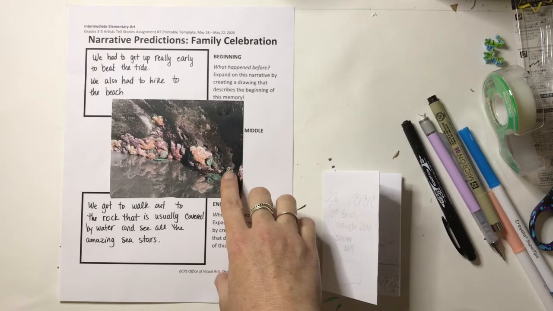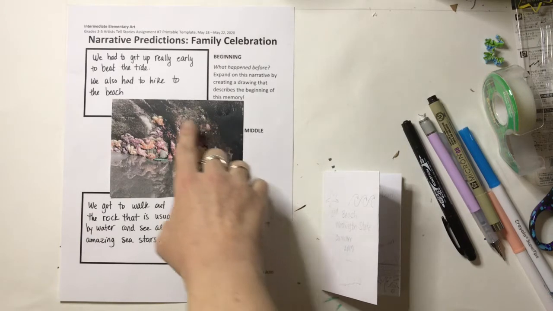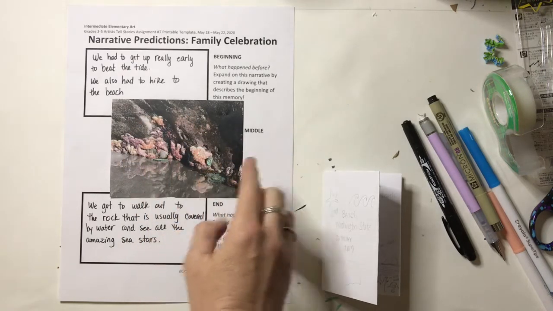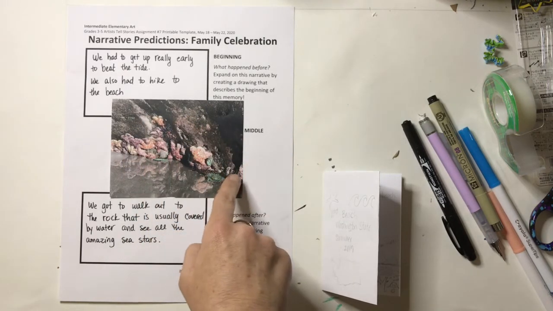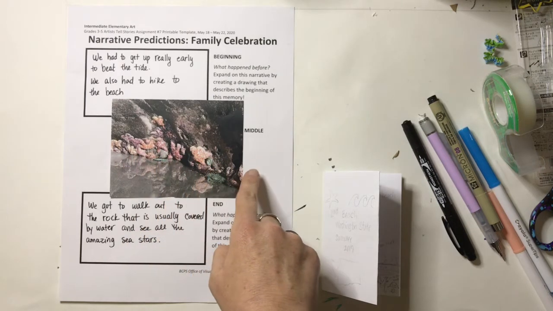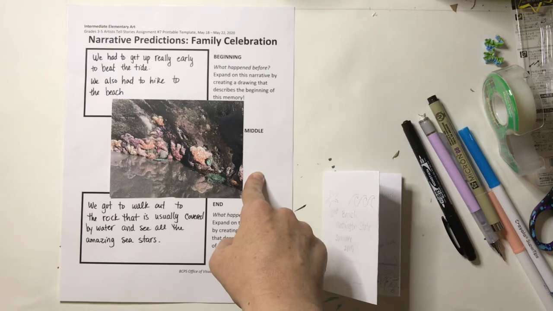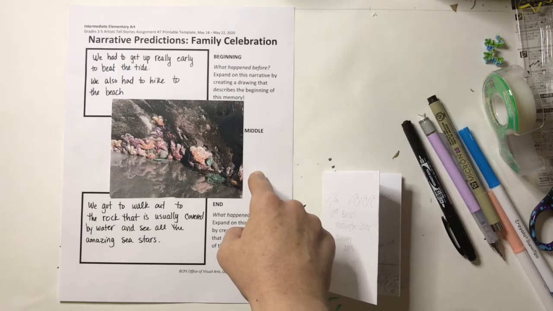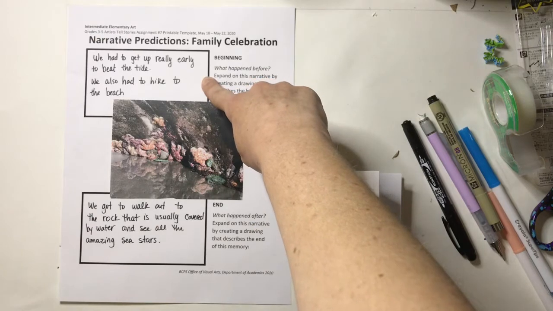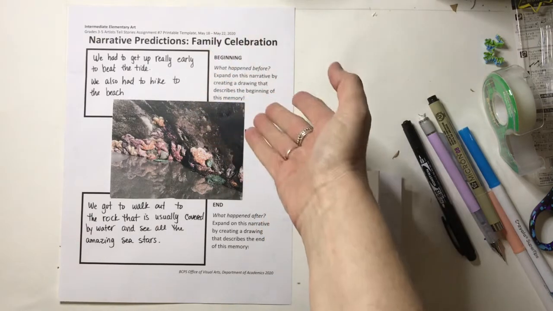I don't know if you can see this, but this is a rock in the ocean, and the tide is out, so it's low tide, and we could see all these starfish. This is something we did in summer in Washington State on the West Coast. Before this picture happened, we had to get up really early to beat the tide.